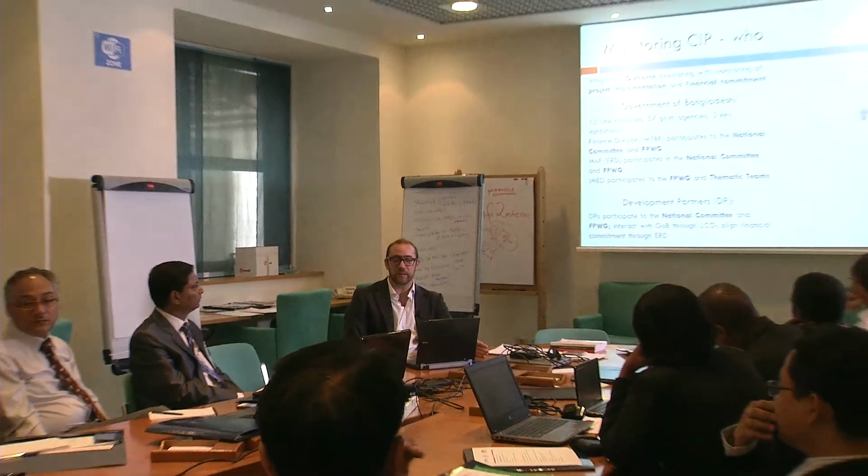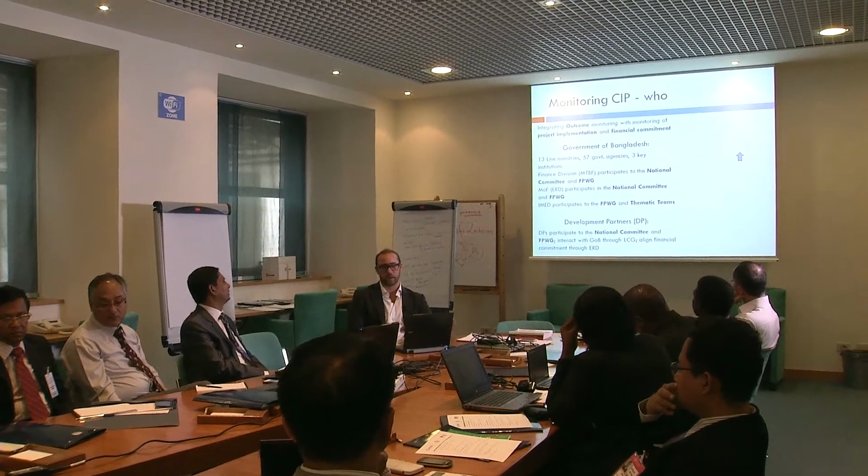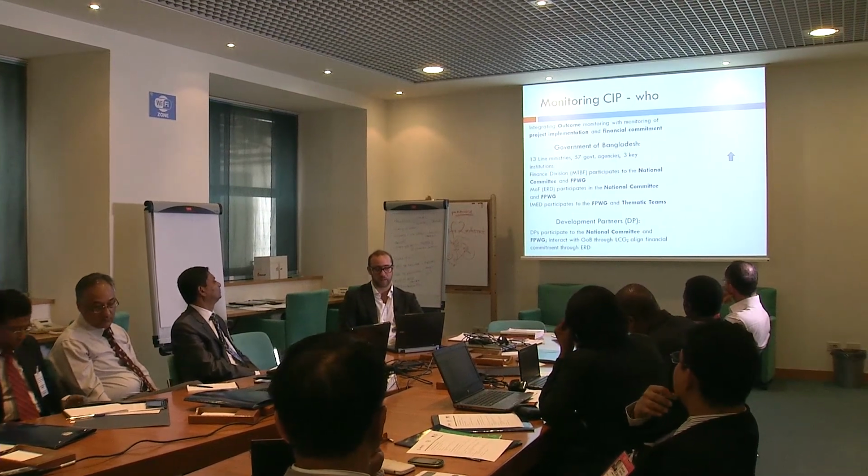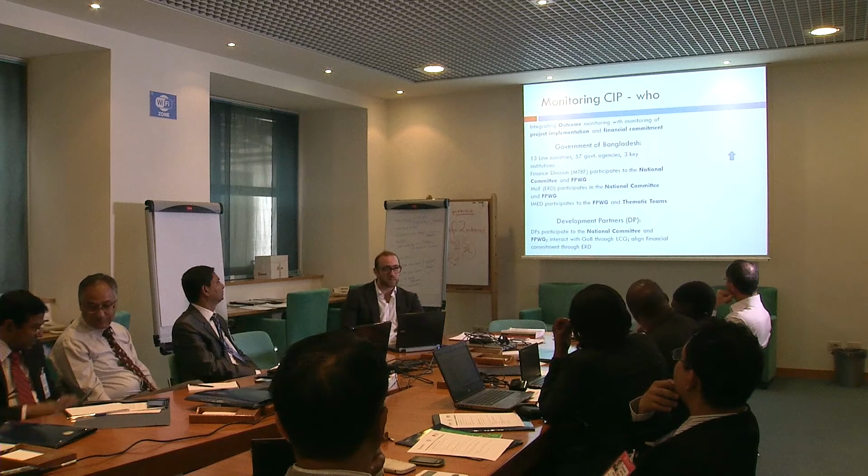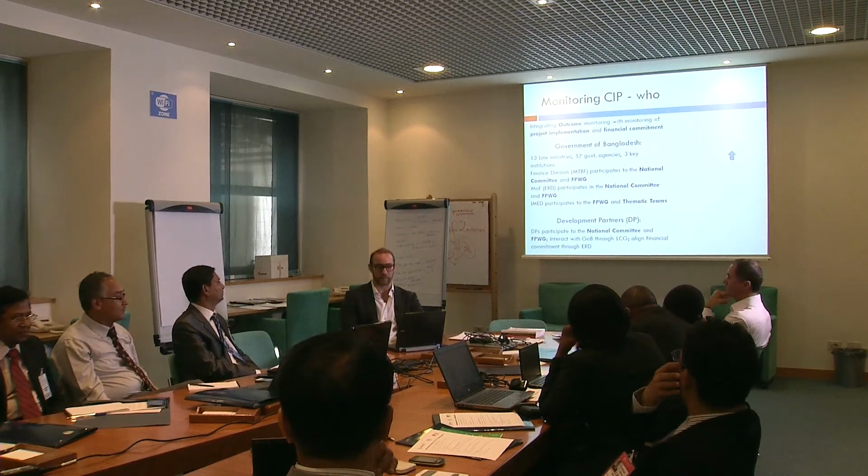Essentially, and this again is to show you the complexity of the situation because of the multi-sectorality. In Bangladesh, for food security, 13 ministries were involved, 57 government agencies, and 3 key institutions. I think these institutions were already mentioned in the days before.